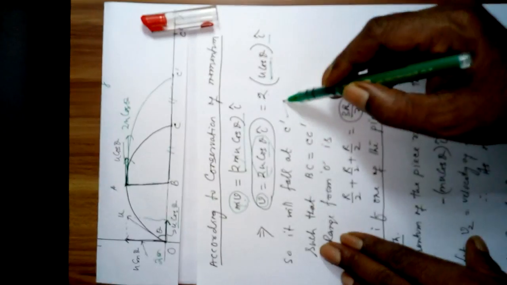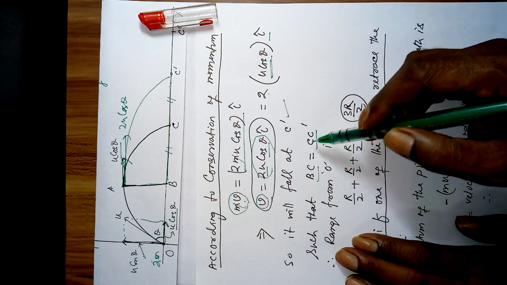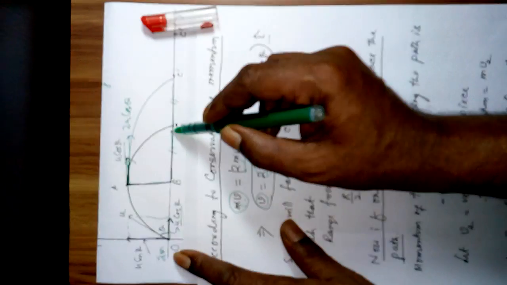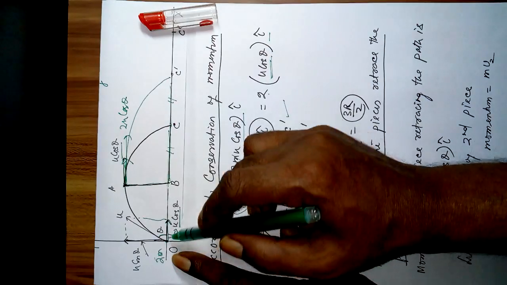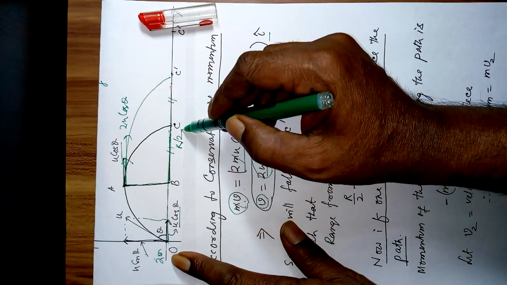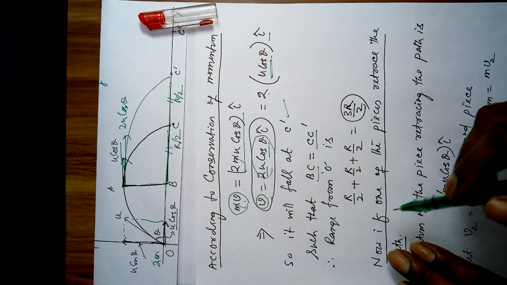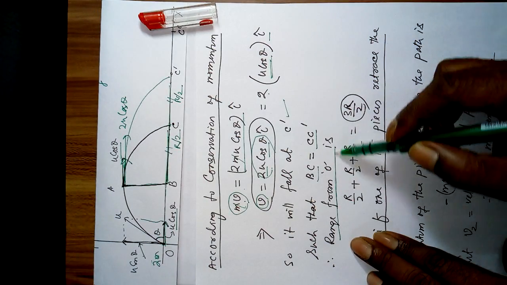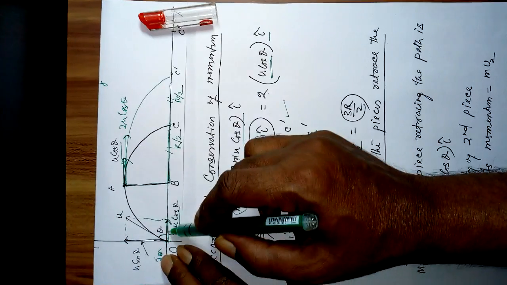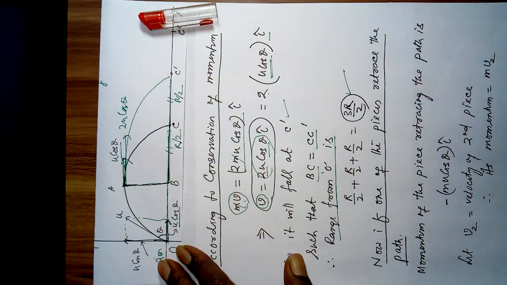So it will fall at C dash such that BC is equal to CC dash, and BC is nothing but half of OC. OC is written as R. So BC will be R by 2. So CC dash will also be R by 2. So the range from O will be this R by 2 plus this R by 2 plus this R by 2, that is equal to 3R by 2.